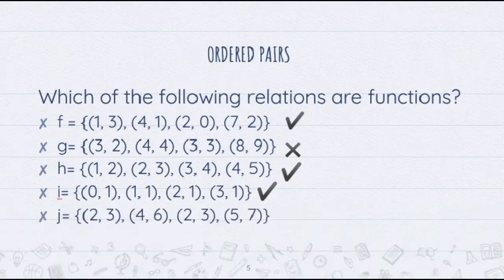Let us now have another relation J with the x values 2, 4, 2, 5. At first glance, you'll see that there's a repetition of the x value, which is 2. But looking at it carefully, it was paired with the same value of y, which is 3. Therefore, it is only taken as one, making it still a function.